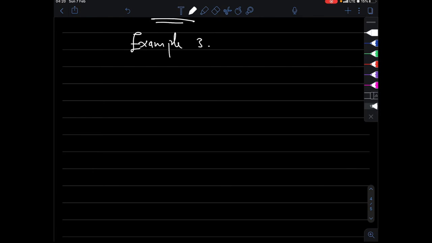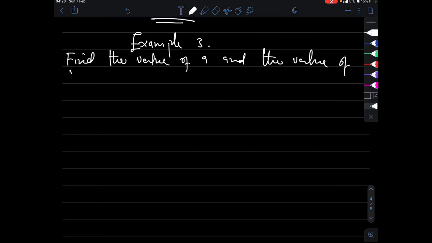All right, so we want to find the value of a and the value of b in the following. We have x squared plus 3x minus 10.